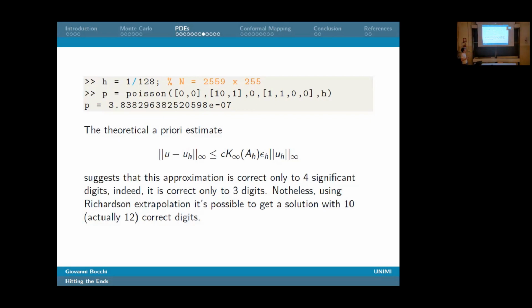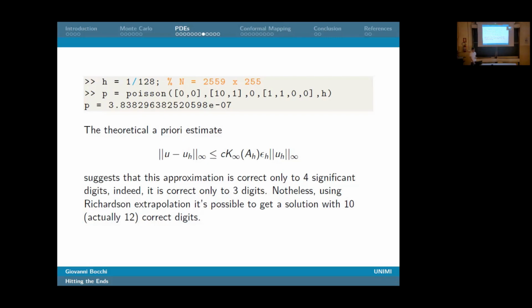But I didn't report it for questions of time. With Monte Carlo approaches, we got essentially just 1 significant digit. Here we did something more. We got 3 significant digits, but still with the pure finite difference approach with no machinery in addition, we couldn't get what we wanted.